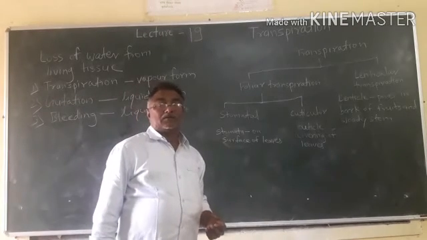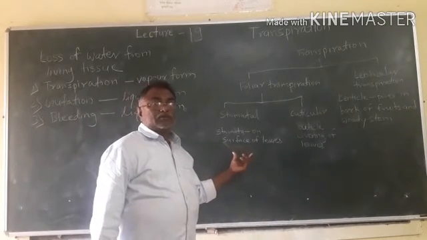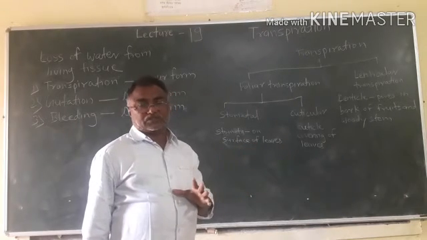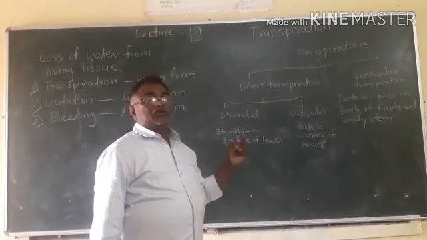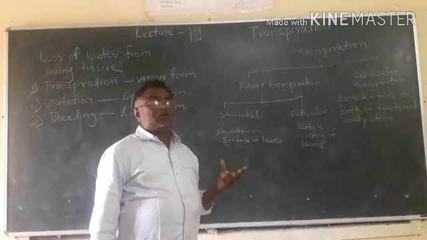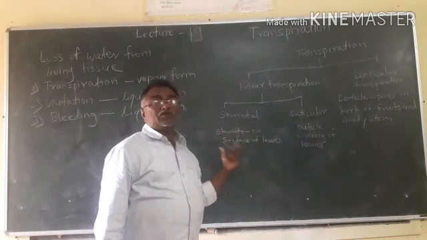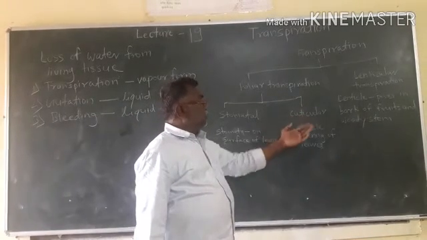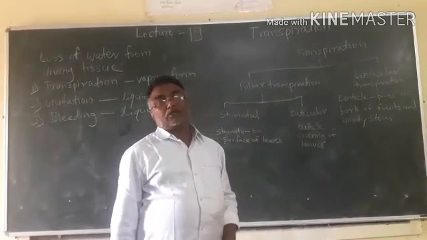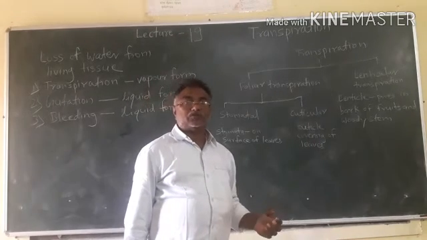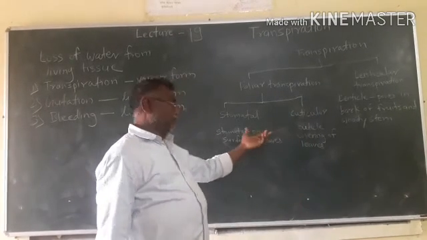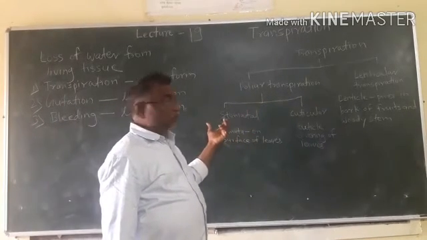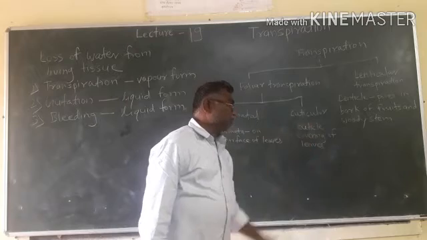Stomata are the bean-shaped, kidney-shaped two guard cells which open, and water is lost from the stomata. Then cuticle is the covering layer of leaves through which water is lost in the form of vapor.